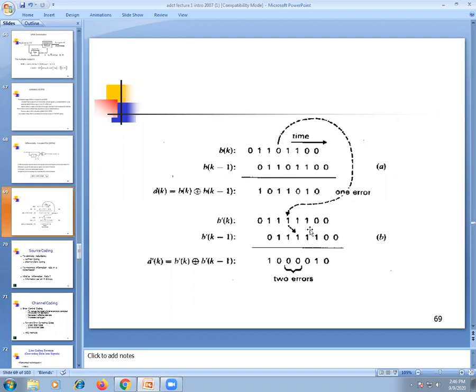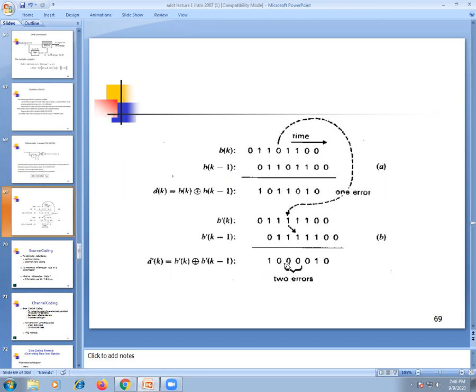Then the XOR operation is applied here to get D of k. Observe the two outputs of D of k. One output is 1 0 1 1 0 1 0.